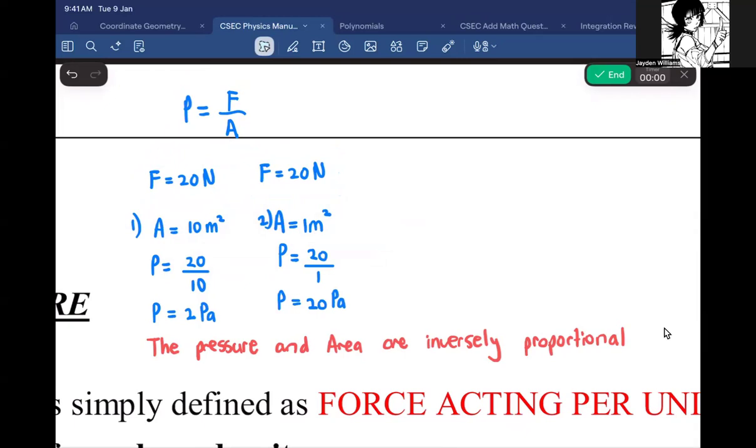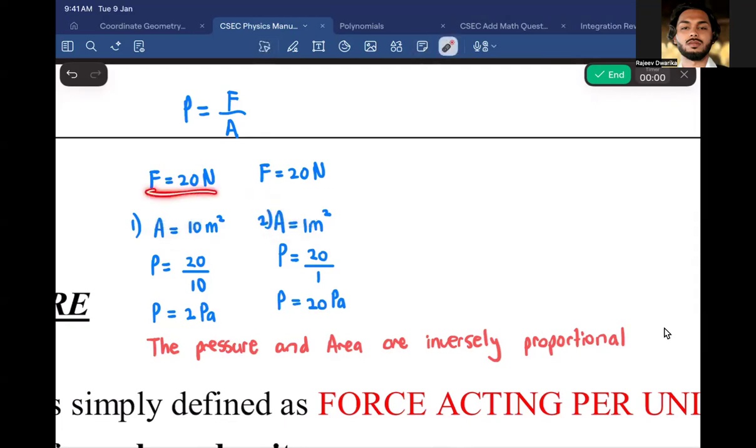Yes. So Jadon, if I decrease the area, what is increasing? The pressure, right. So watch in the first example. The force is the same for both, right?